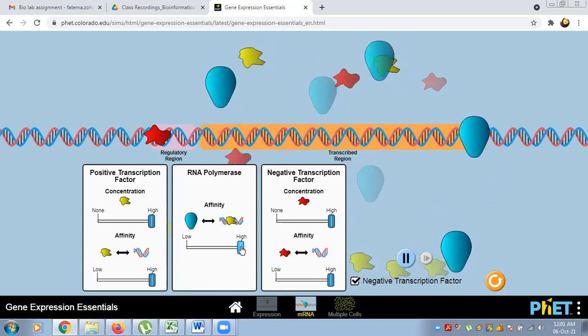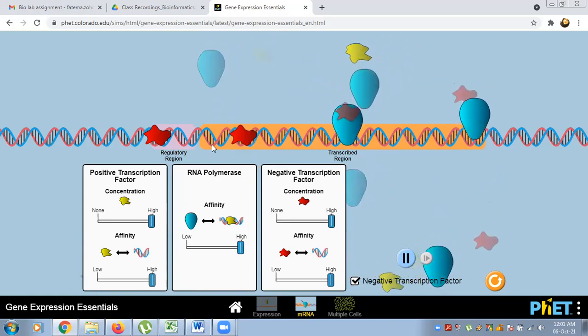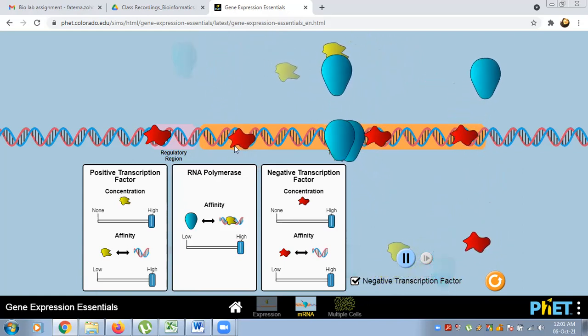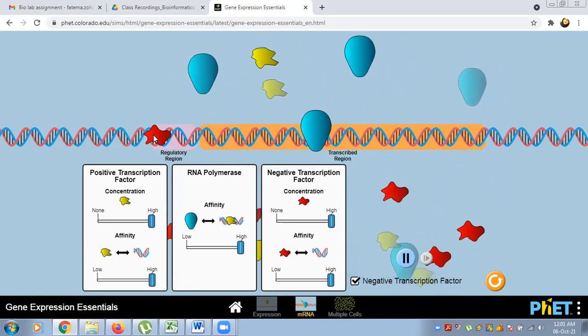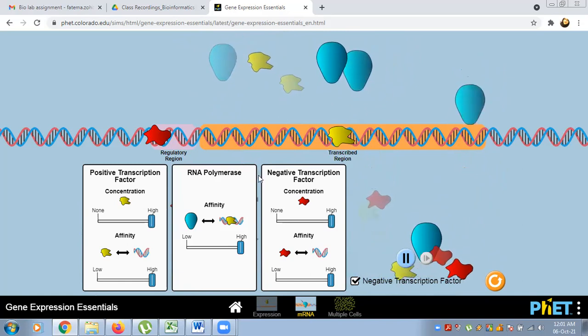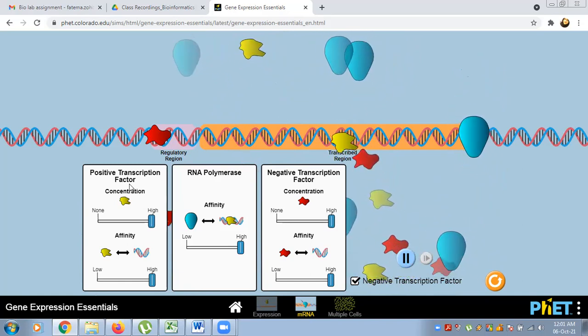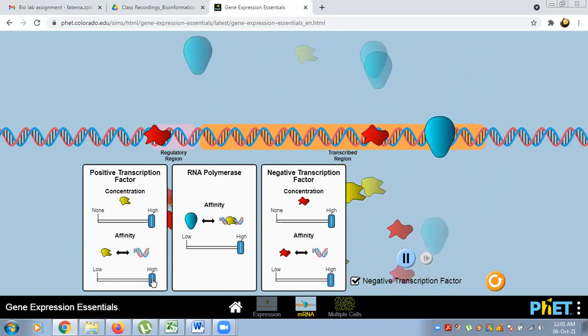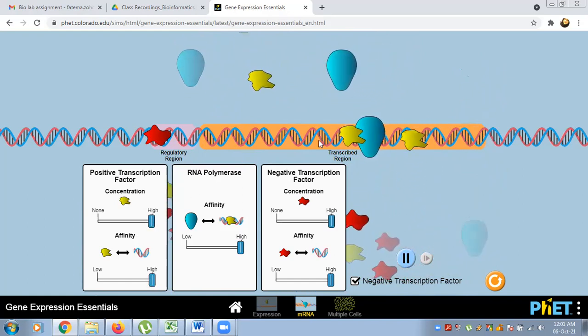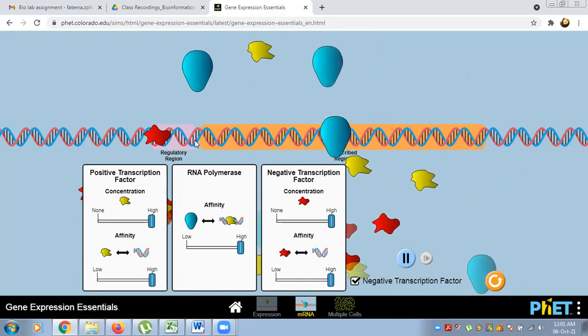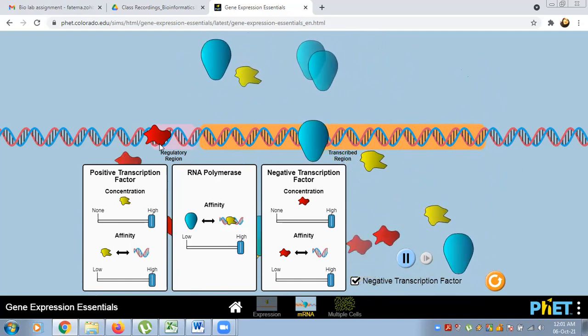Still no transcription is occurring here, as we can see. The affinity of negative transcription factor is high, the red ones. So it is already bound to the mRNA. The affinity of positive transcription factor is also highest, and concentration is also highest, but it is not being bound to mRNA because of the negative transcription factor.